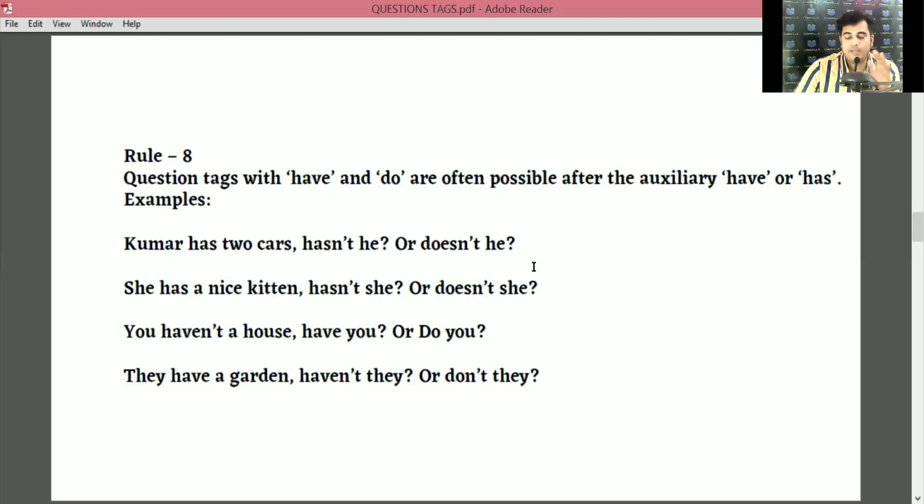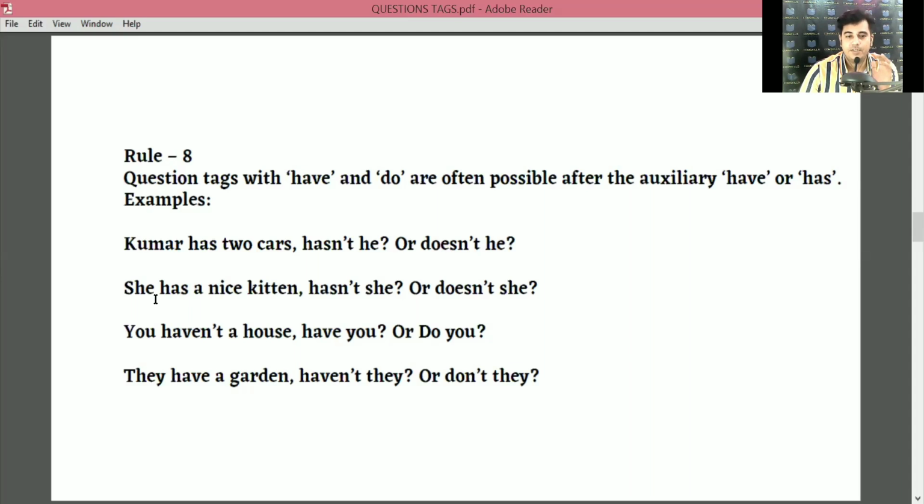Okay, actually if you have something, I say I have a car, and if you have to speak this sentence in the negative way, I don't have a car. Or many people say I have no car, I have not car. People say I have not car, that's a wrong sentence. Okay, so doesn't he have, this is the complete sentence, but we do not speak have here because we are using question tags.